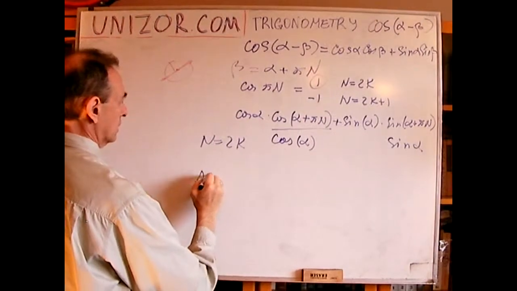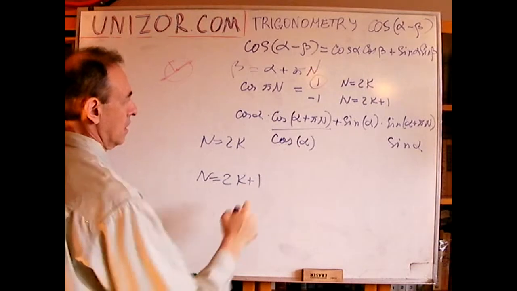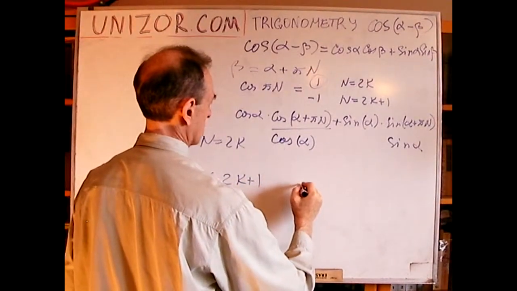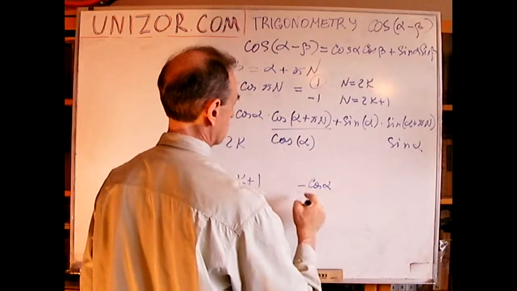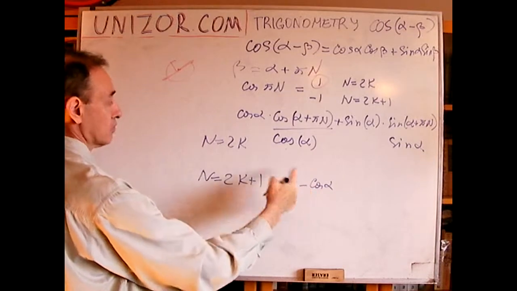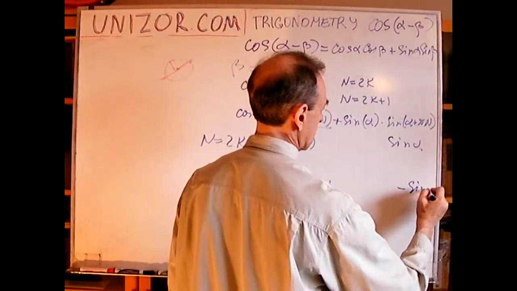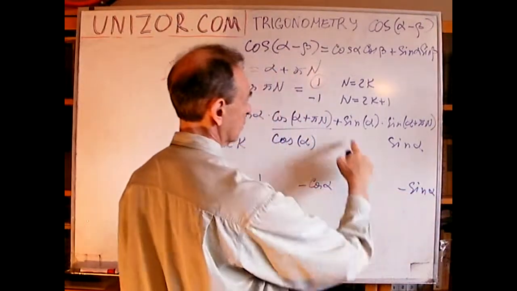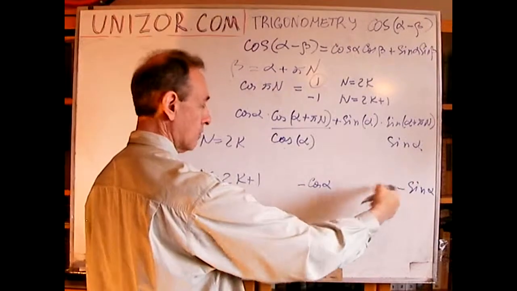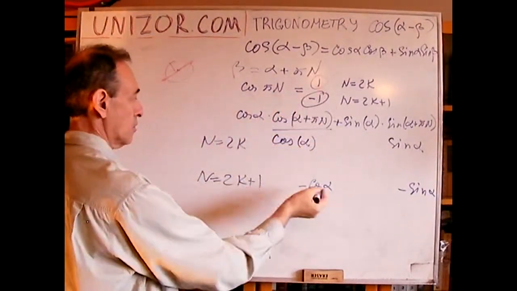Now, for n equal to some odd number, this would be with a minus sign, minus cosine alpha. So cosine times minus cosine would be minus cosine squared. And this would be minus sine alpha, so it will be minus sine squared. So it will be minus cosine squared minus sine squared, which is minus 1, which is exactly the same.